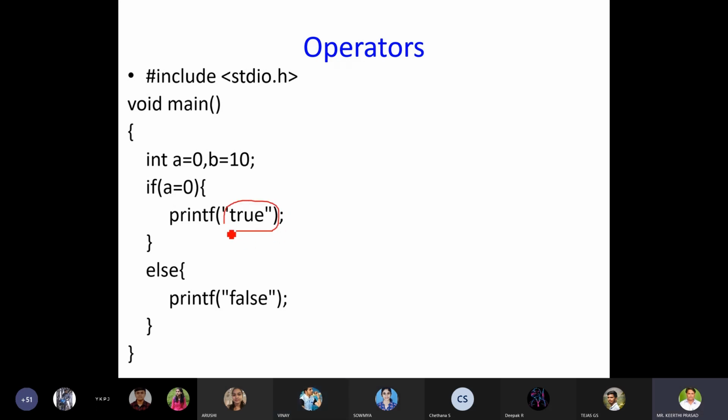I think you are wrong. Answer is false. So what is this? A is equal to 0. See, A has 0 in it. So if I had written A double equals to 0, then your answer is correct. But here we are using single equal to. What is the difference between single equals and double equals?